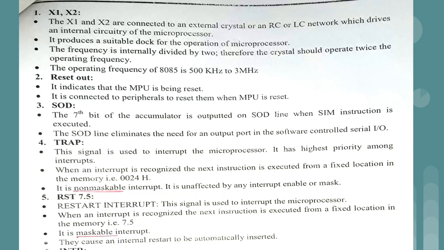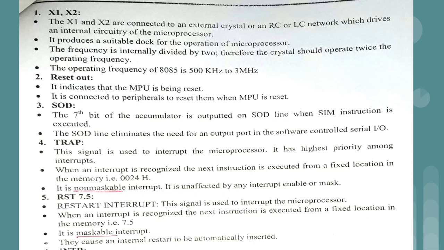They cause an internal restart to be automatically inserted. When this type of interrupt occurs, our system will automatically restart. We don't need to restart the system, it will be restored automatically because of this interrupt.